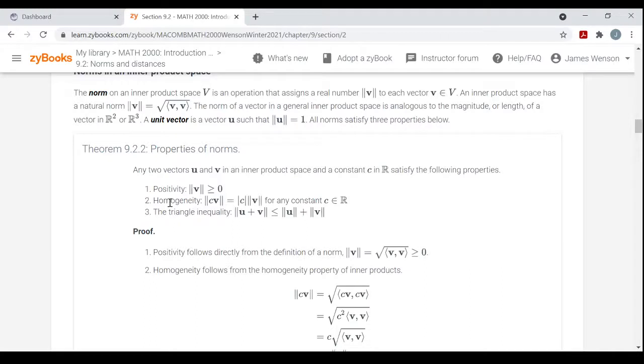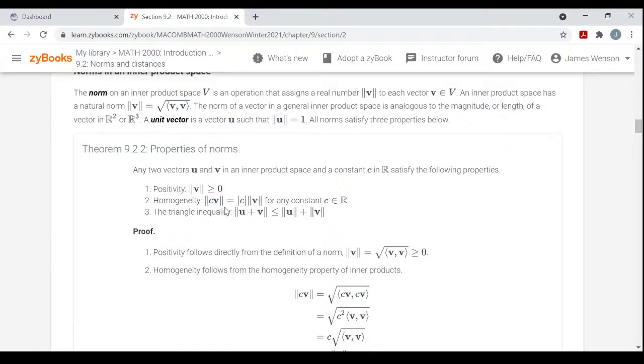Again, this homogeneity deal comes from the homogeneity in both slots. I know there's homogeneity in the first slot, but you also have symmetry, so there'd be homogeneity in the second slot as well. If I did the inner product of c times v with c times v, well, you could take both c's out, and then the square root of c squared is the absolute value of c.